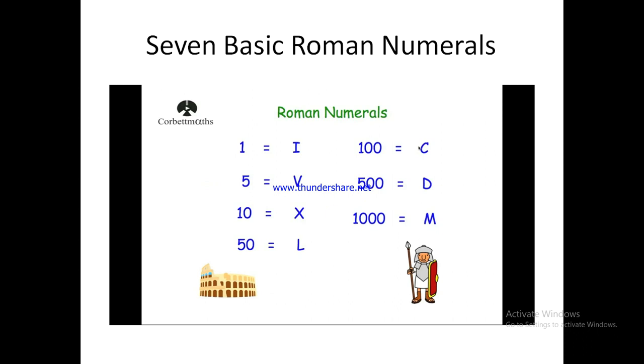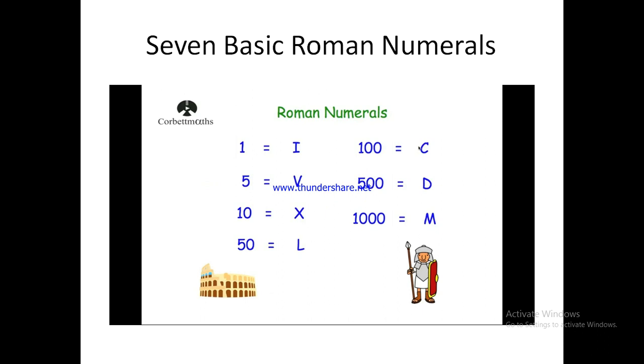So children, we are going to use all these 7 basic numerals for writing the Hindu-Arabic numerals. Now you are in class 5.